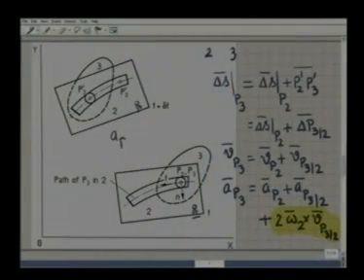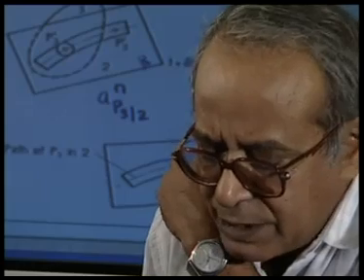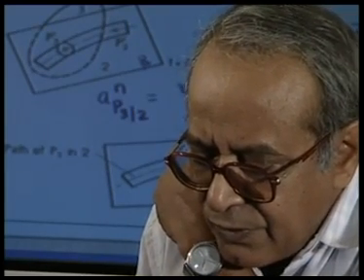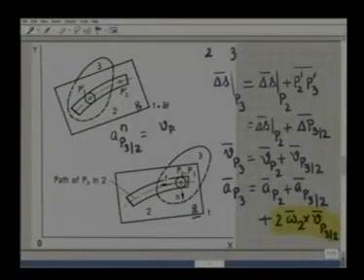The component of the acceleration Ap32 along the normal to the path we already know. If I take the normal to the path, this component is Vp32 squared divided by the radius of curvature of path at that instant.